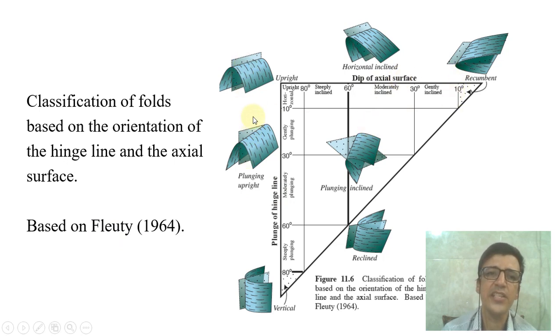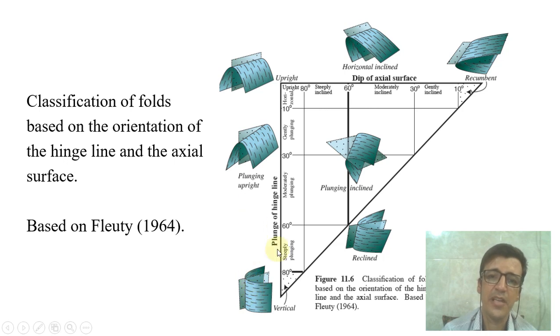You can see here the fold is upright, but gradually as we go down, this upright fold gradually has an angle until at the lowest point we have this kind of steeply inclined fold.